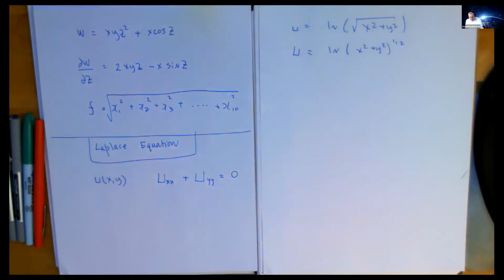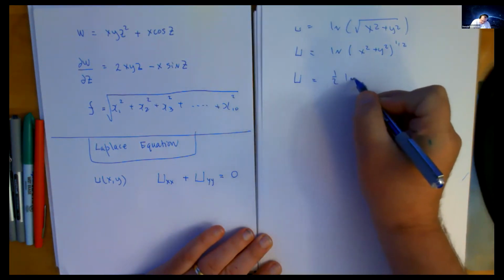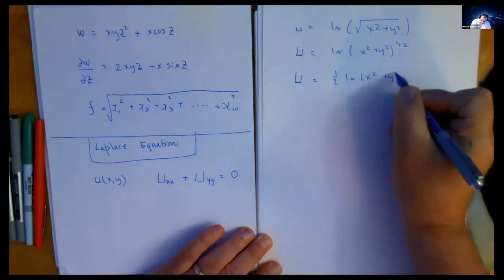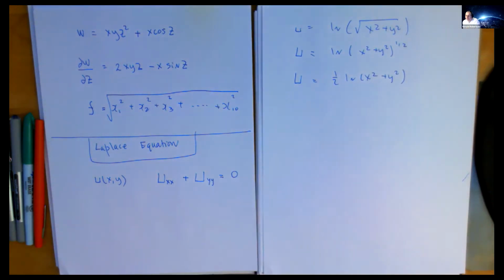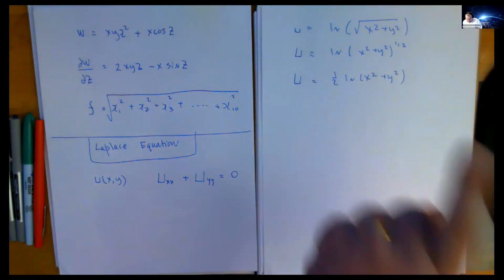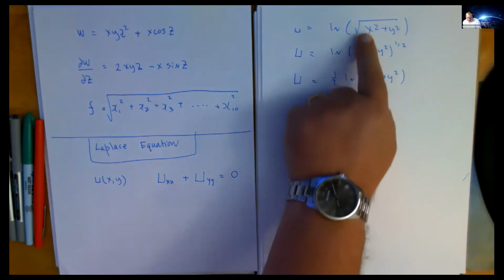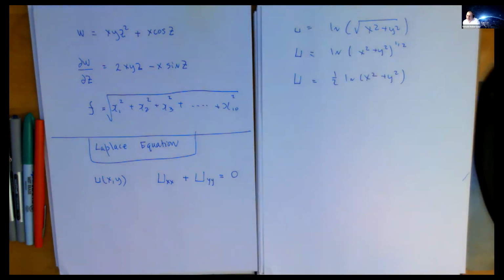Would you agree the square root is the same thing as a half power? Would you also agree that a half power can be written like this? Remember the rules? That is much easier to differentiate than this is. Would you agree? So that brings me to a rule. I have names for rules, my own rules at least.